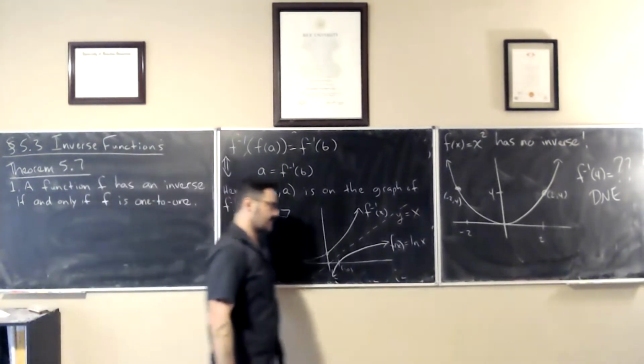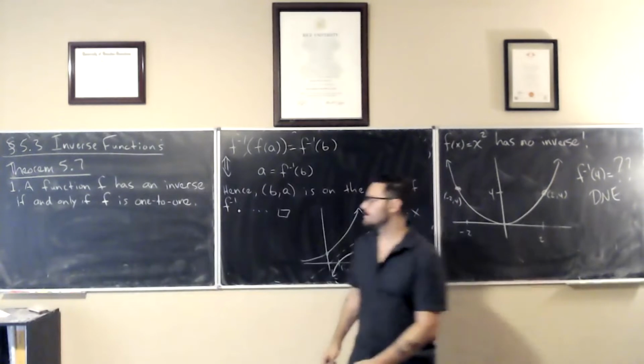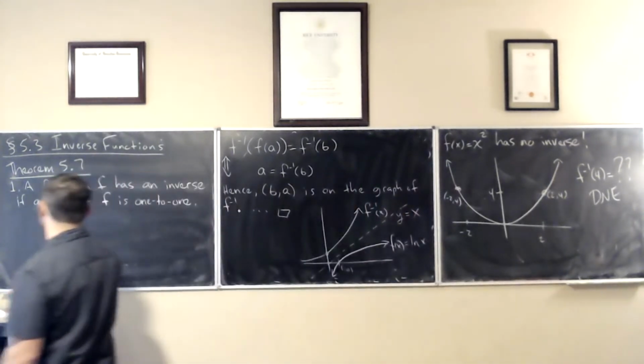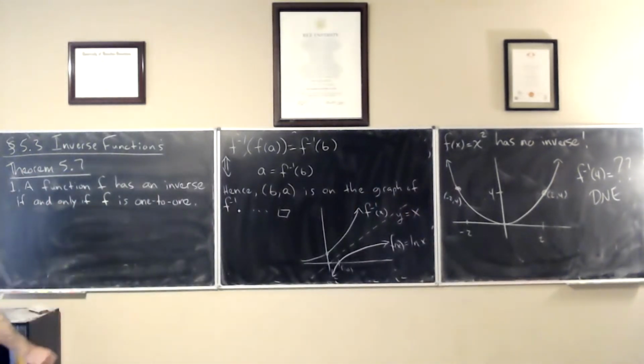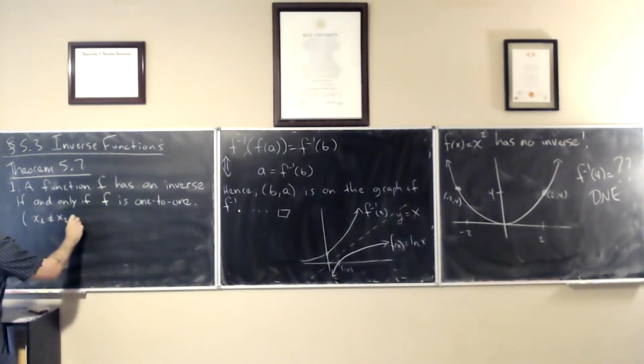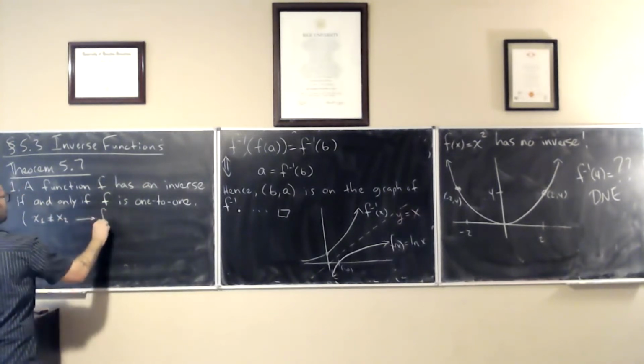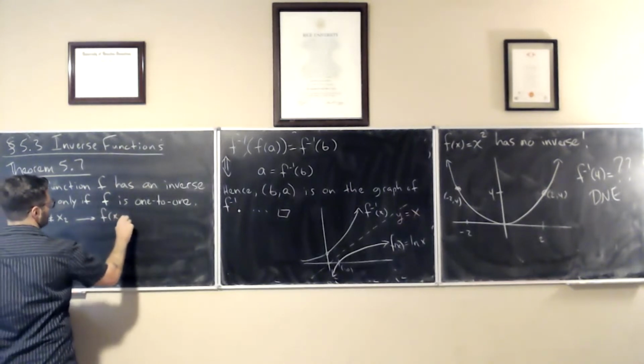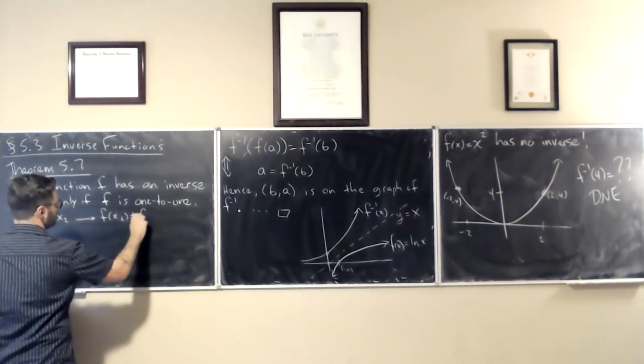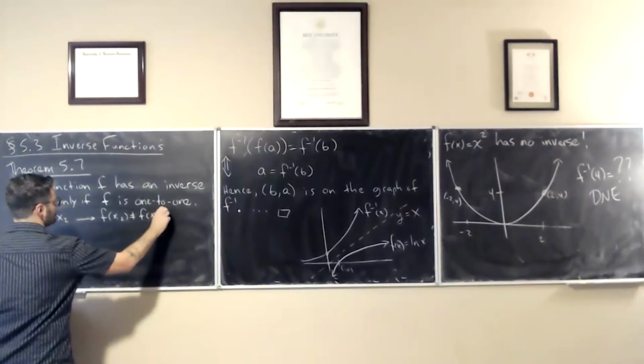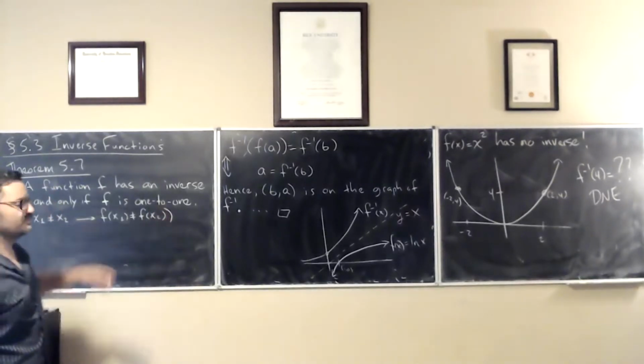Oh, no, not bijection, injection. So what does it mean to be 1 to 1? It means that x1 not equal to x2 implies f of x1 does not equal f of x2. So that's the definition of being 1 to 1.